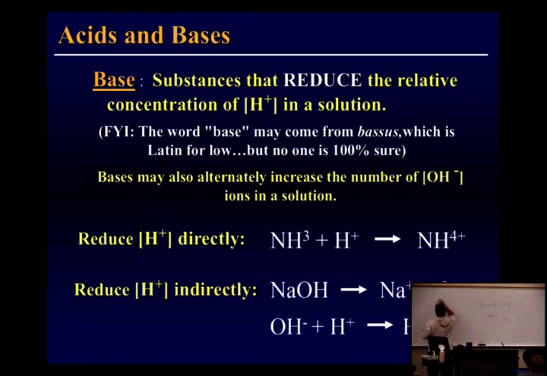That's right. So this is directly taking H pluses out of a solution. But there's another way you can do it. So we have sodium hydroxide. You guys know the charge on sodium? And OH. Remember we have H2O. So the electron stays around these guys. This one dissociates, that's an H plus, so what's this then? Right.